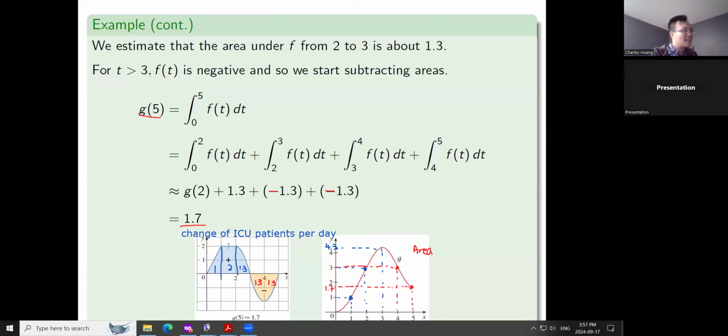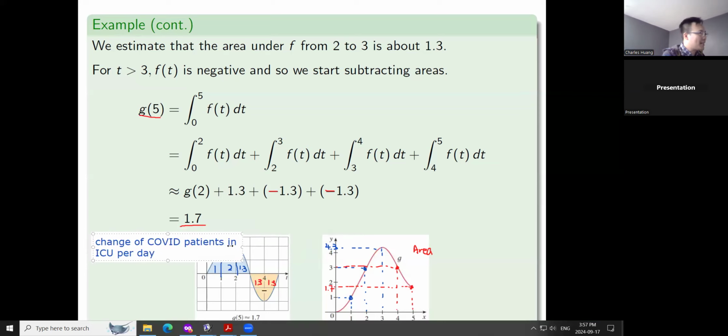We are looking at how many patients go into ICU during COVID, because we want to make sure we can help these people when they are really sick. Let's say change of COVID patients in ICU. Right, so we're tracking the change in the serious cases every single day. You have something like that.